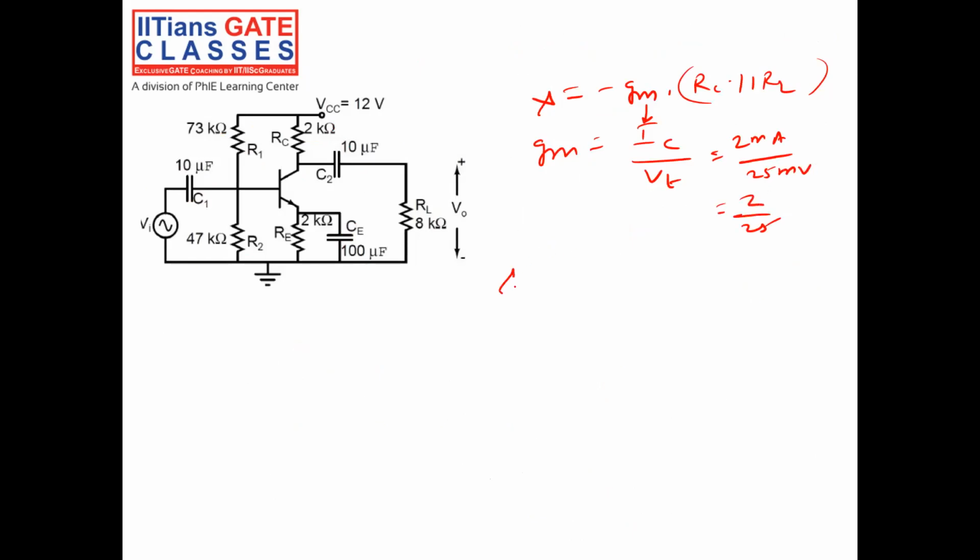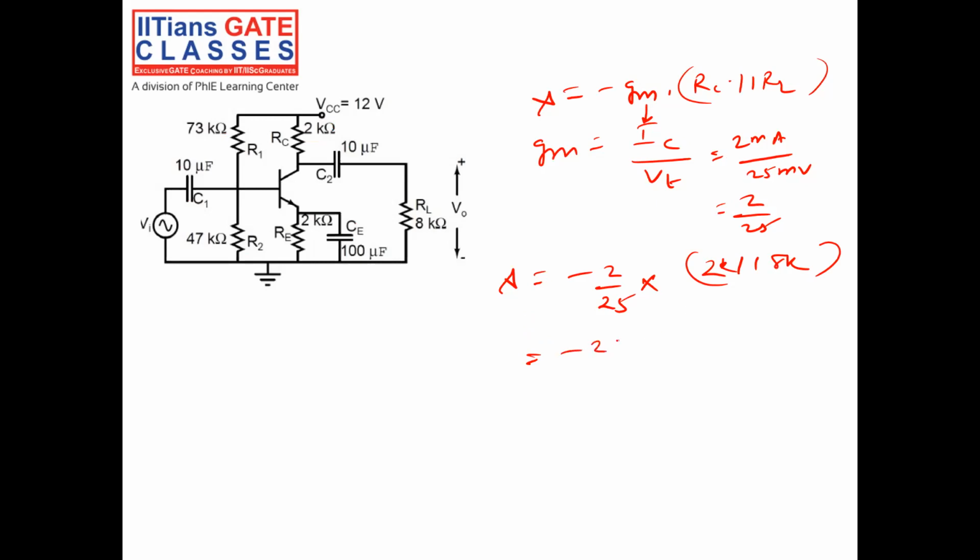So what is the gain now? Gain is equal to minus Gm, which is 2 by 25, into RC parallel RL. RC is 2K parallel to 8K, which is 2 into 8 by 10, 1.6K.